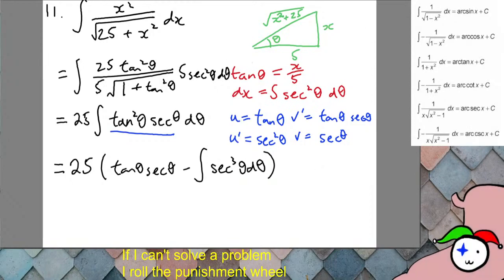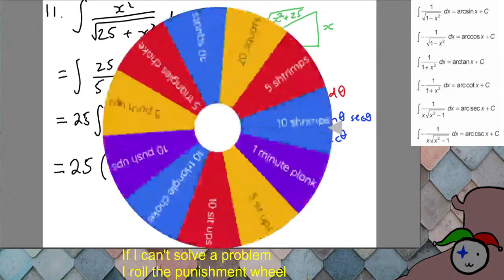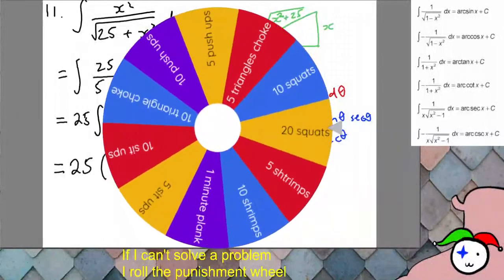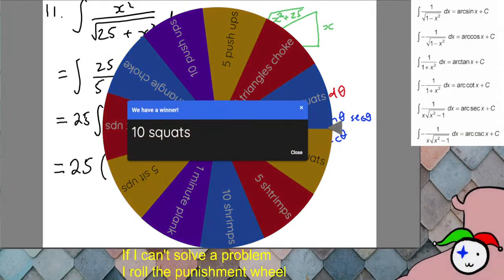Should I do it? I'll do it. I'll do another one. I have a feeling these next few are going to be all painful. Alright, bring up the whale. Turn this music off. We need 10 squats. 10 more squats. Alright.